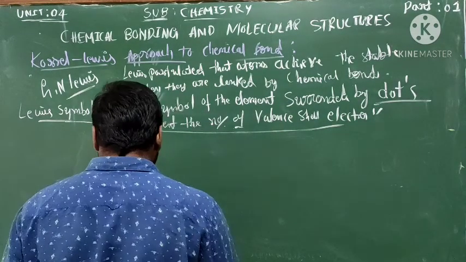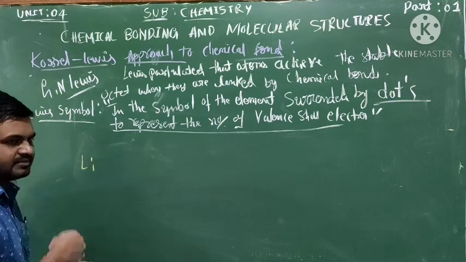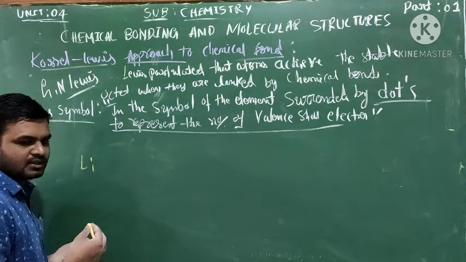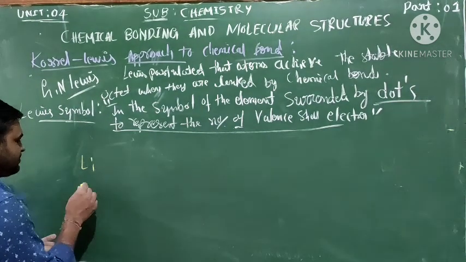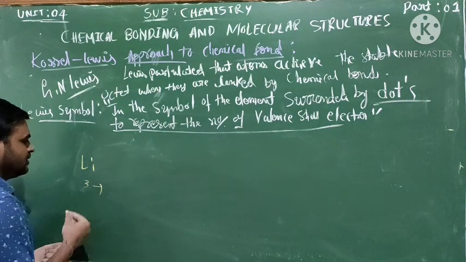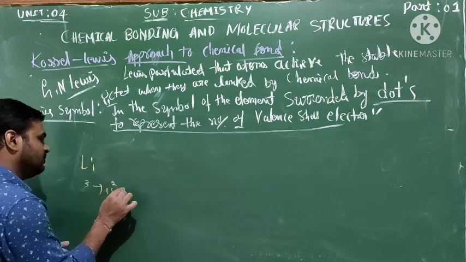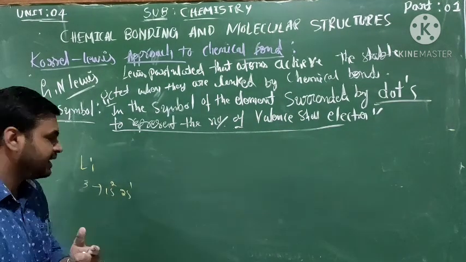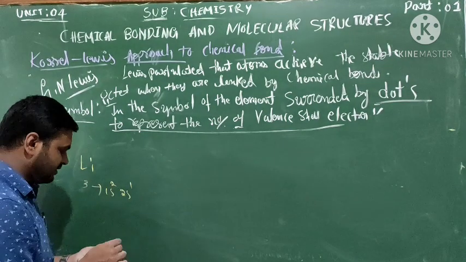See here, one example is lithium. The atomic number of lithium is 3, so 1s2, 2s1. So the outer shell has only one electron. This is called the outer shell electron.